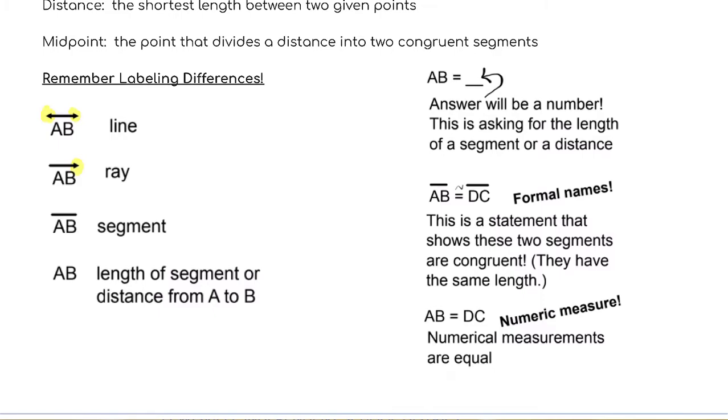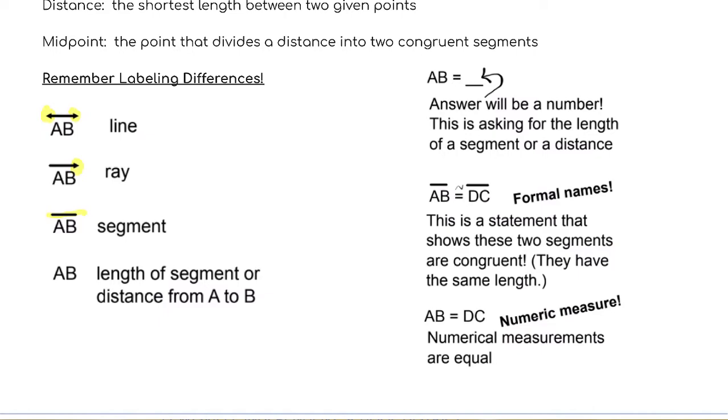Whether the ray in the image is going up, down, left, or right, you'll always name it starting with the end point and then a point on the ray, the direction it's going, with the bar with one arrow over the top. Segment has nothing on the ends of its symbol.